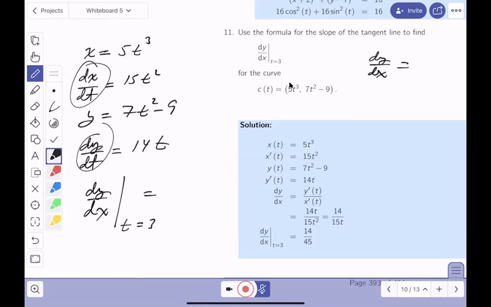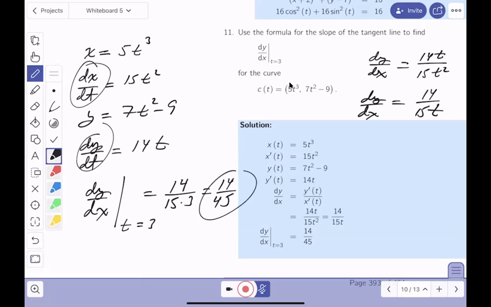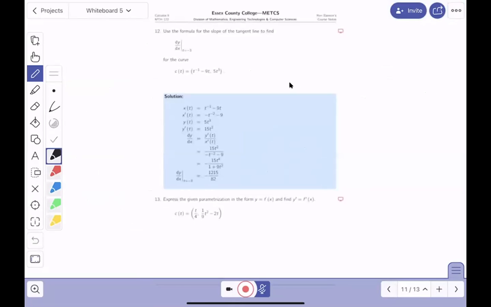So that's going to be 14t over 15t squared, which dy dx would be equal to 14 over 15t. So it's going to be 14 over 15 times 3, which is 14 over 45. Right over there. All right, let's keep going. That's number 11. And let's go to number 12.